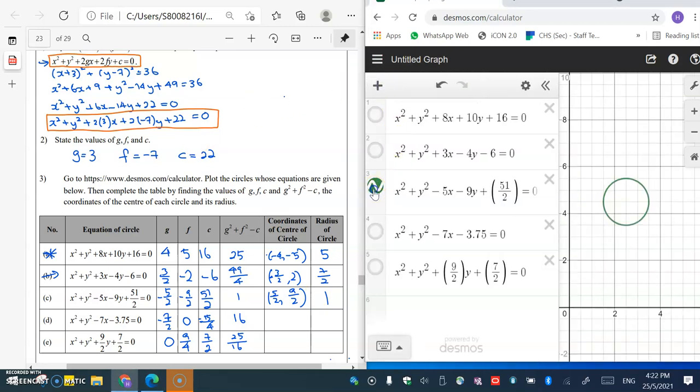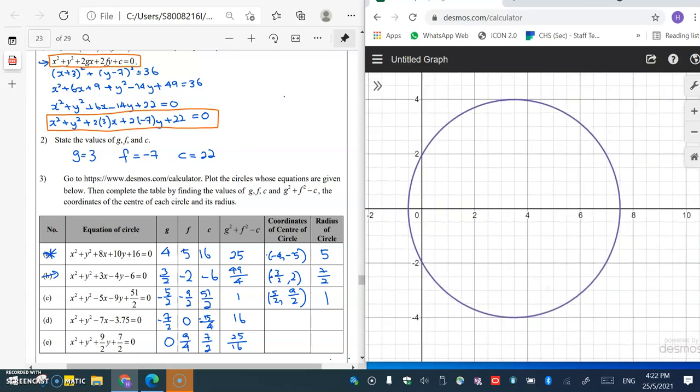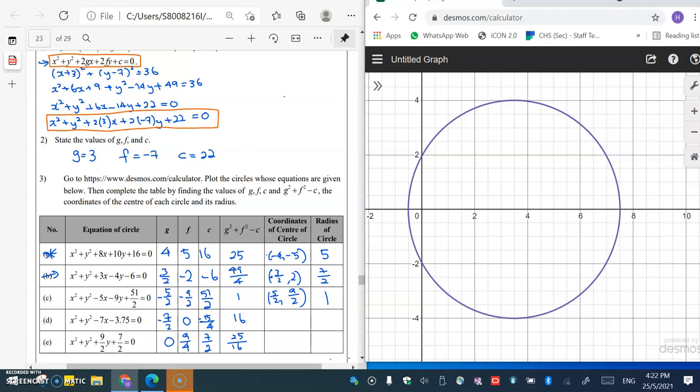If I go to my fourth circle, let me shrink this a little for ease of reading. If I look across the diameter horizontally, I expect that my circle is ranging at 3.5 for its x value, and then the y value, this one will be 0.